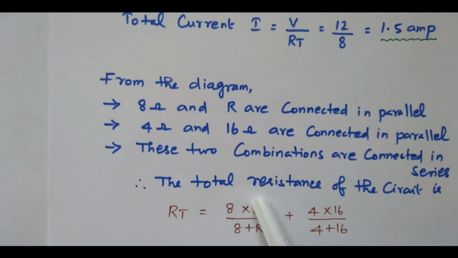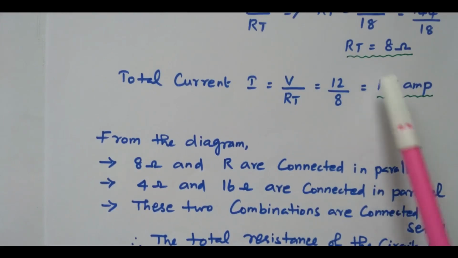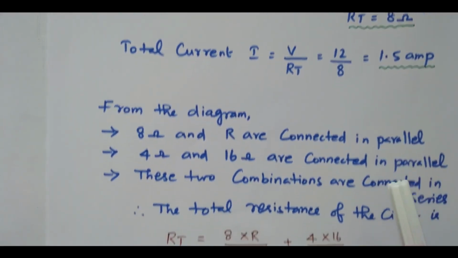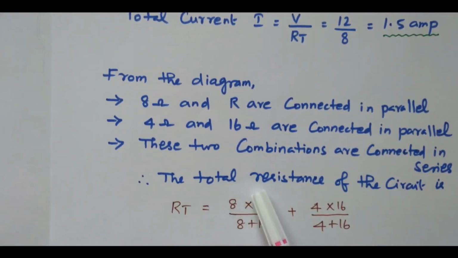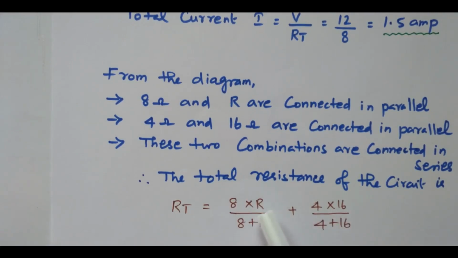Right? So this R value is not known, but this RT we calculated. RT is 8 ohm, right? RT value is available. So in this equation only this parameter is not known, other things are available. So you can easily find the value of R.